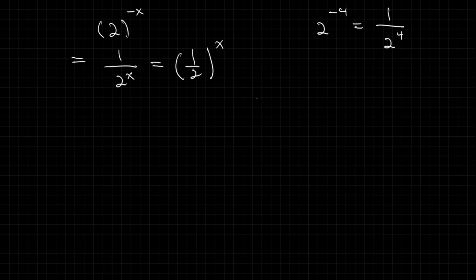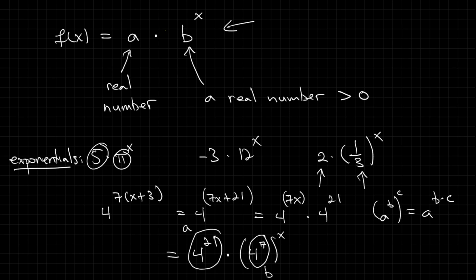Again, these steps are simply using properties of exponentials. So I have a number to the x power, which gives me an exponential function. Now you might say, where is the number that comes before? Where is the a? Well, a in this case would be 1. So all of these that I am putting a check mark beside are exponential functions.